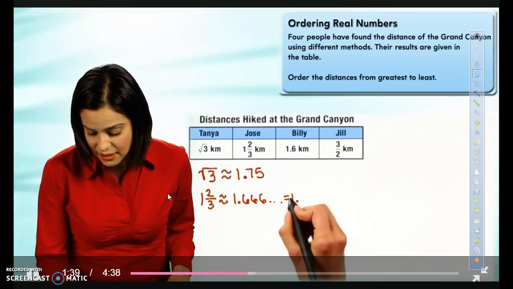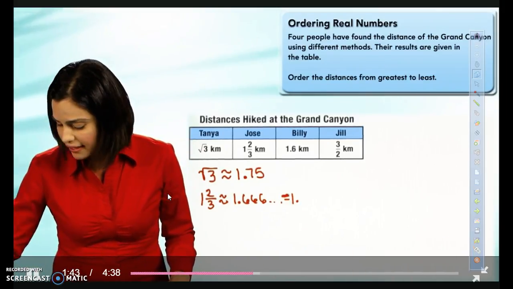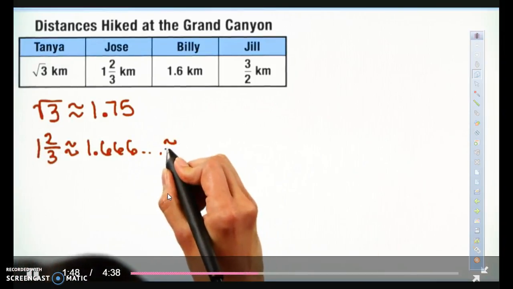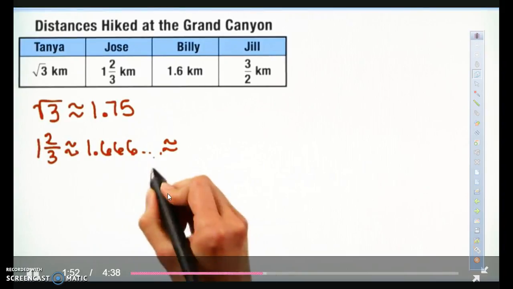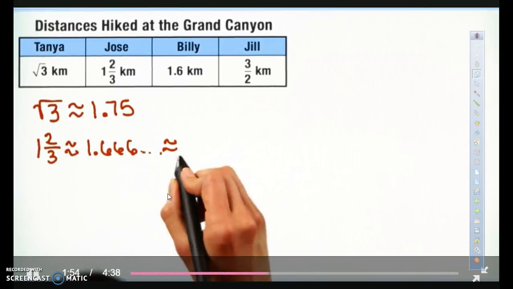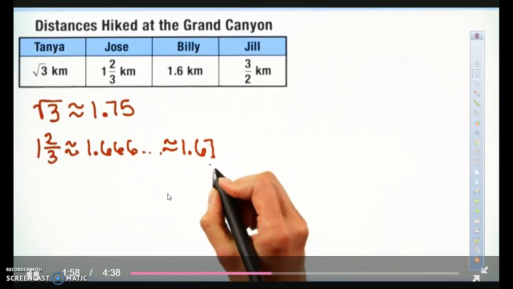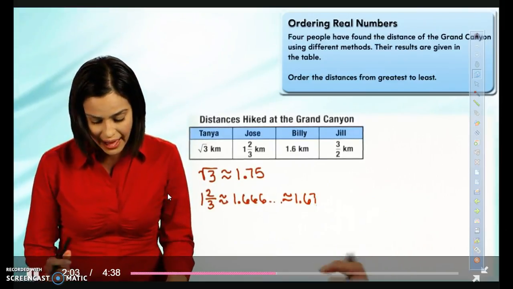So this rounds to, and make sure that you use the correct symbols here. I don't want to use equals because it's an approximation. So it's approximately 1.67.